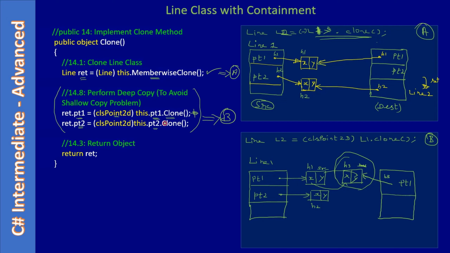The same happens for this second line also. So we have a new memory location h4, and we have two compartments x, y, and pt2. Previously it was pointing to h2. Now it is pointing to the new location h4.